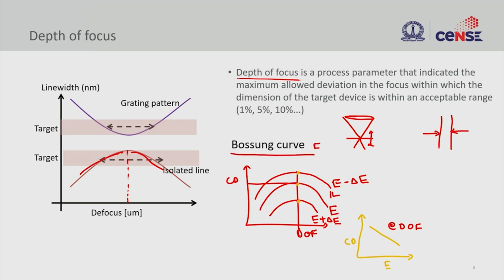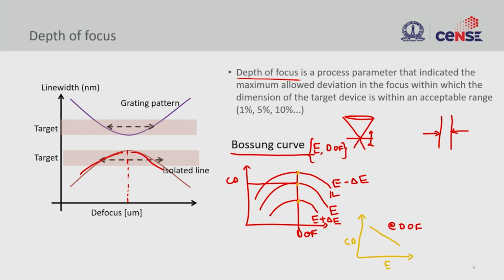So you change both energy and also depth of focus, and this is what we call dose exposure focus or exposure matrix, and this is called Bossung curve, right. And you get this kind of set of individual plots.